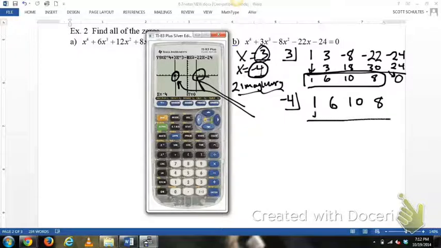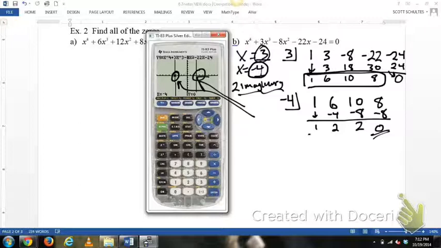I drop down the 1, multiply by negative 4, and I add, I get 2. If I multiply that by negative 4, I get negative 8. When I add, I get 2. When I multiply by negative 4, I get negative 8. When I add, I get 0, which again is the expectation. We should get 0. This negative 4 is a 0.